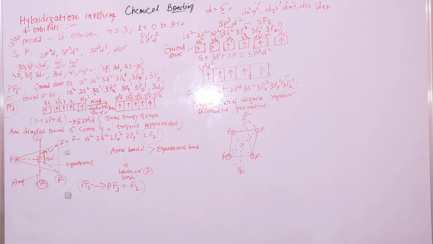If you notice, the bonds in the case of PF5 geometry were different. Between the equatorial bonds, the angle was 120, and between equatorial and axial bonds, the angle was 90. So that makes its geometry irregular, so it's unstable.